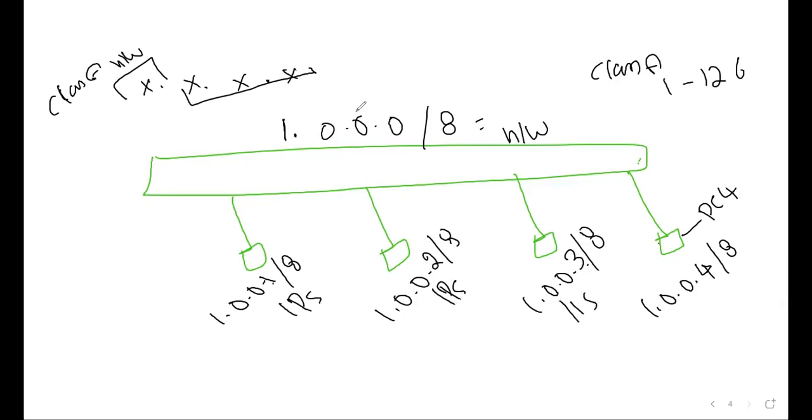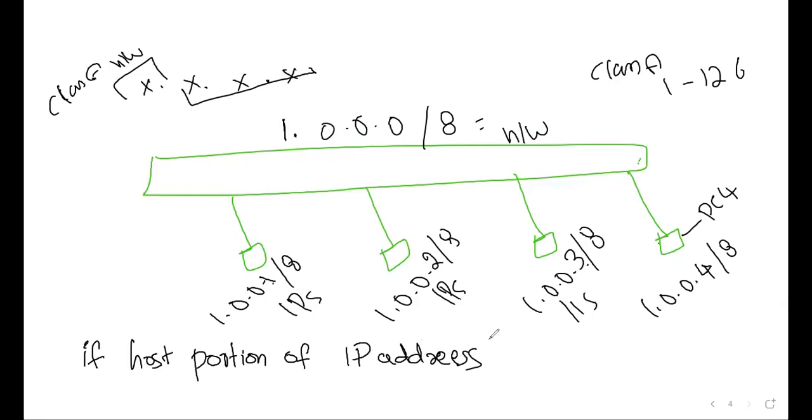How do I define this as a network? There is a clause on this. If the host portion of the IP address becomes fully, completely 0.